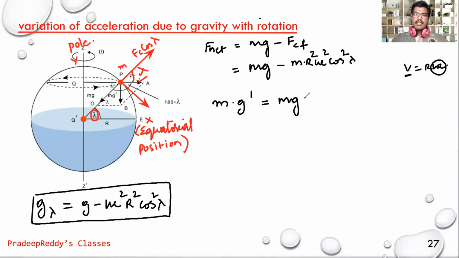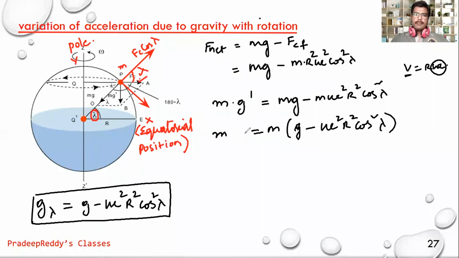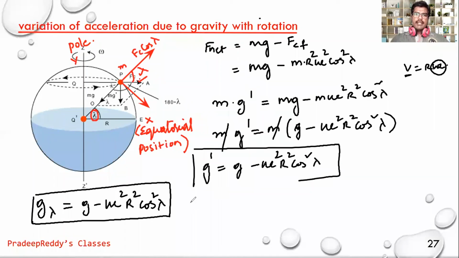It will be mg minus m omega square r square into cos square lambda, which gives m common: g minus omega square r square into cos square lambda, equal to m into g dash. This m and m cancel. So g dash is equal to g minus omega square r square into cos square lambda. This is the equation which we have derived.